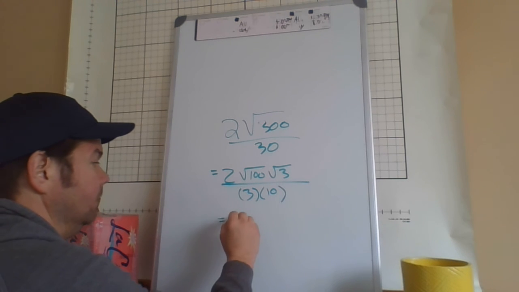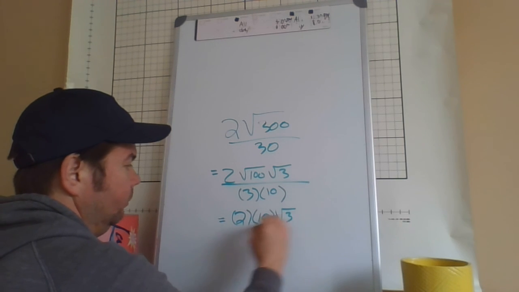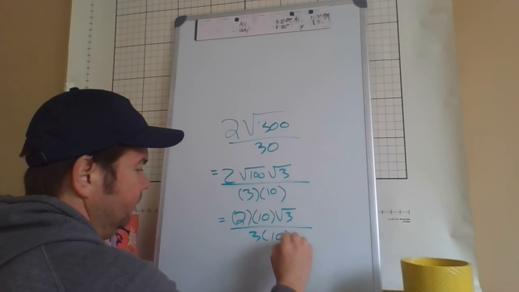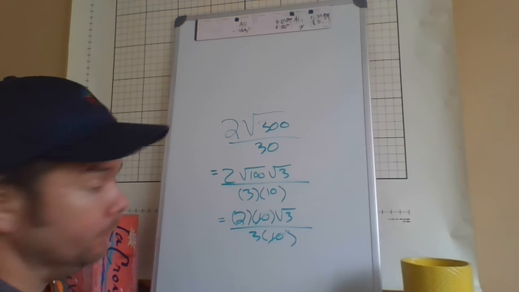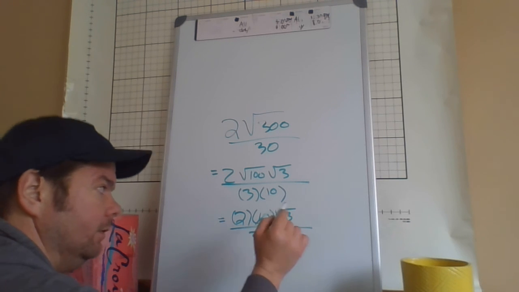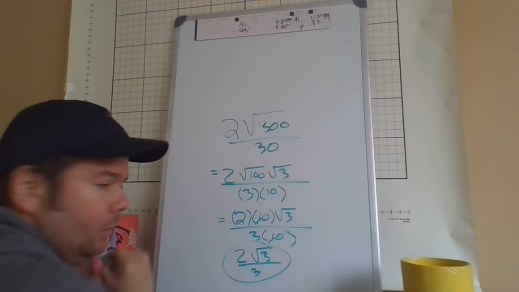Square root of 100 is 10, so I've got 2 times 10 times the square root of 3 over 3 times 10. And look what happens. The 10s cancel. The square root of 3 does not cancel with 3, so I just get 2 times the square root of 3 over 3.